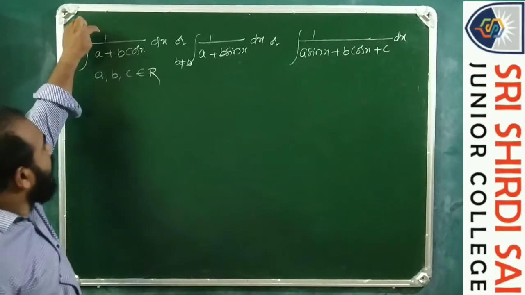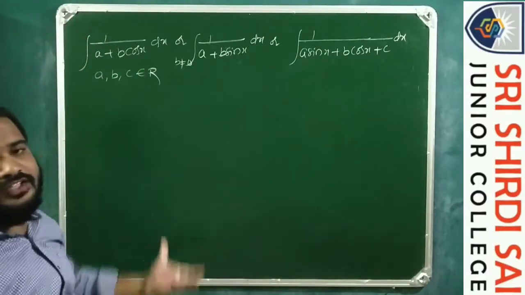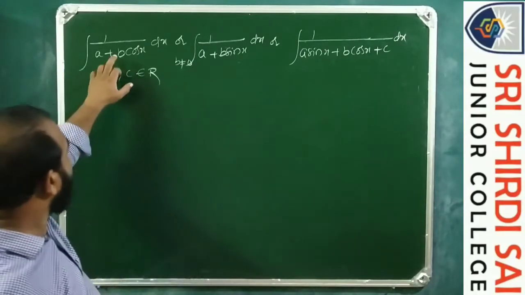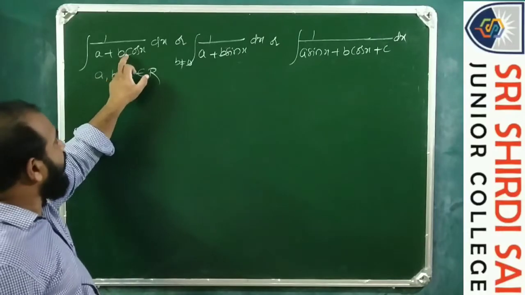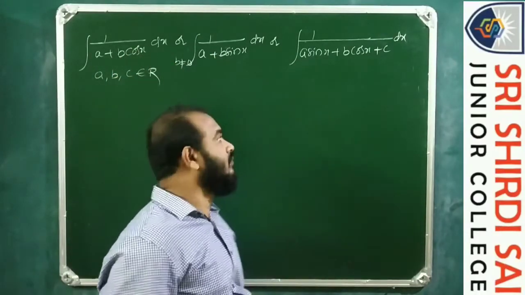So in the numerator it should be 1. In the denominator is a combination of the trigonometric functions sin and cos. So here the denominator contains cos, here the denominator contains sin, or both of them.